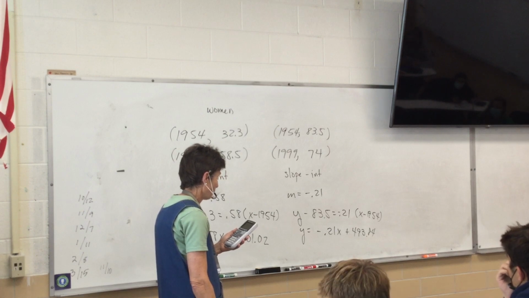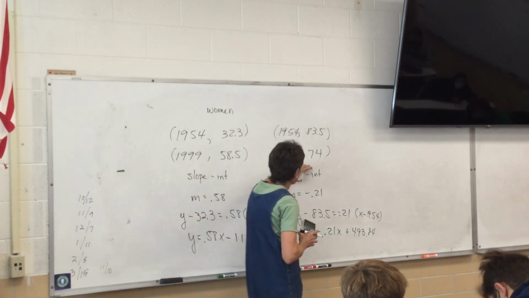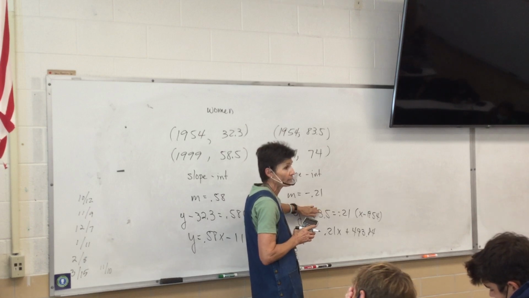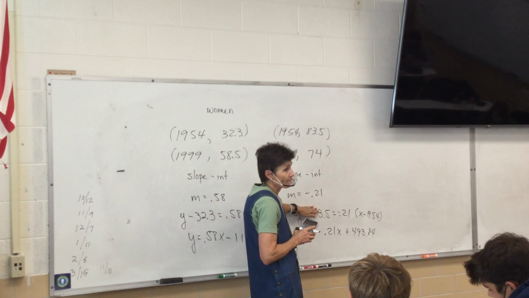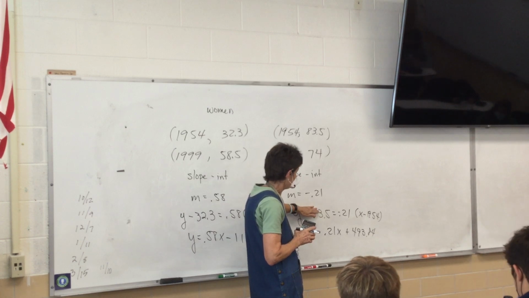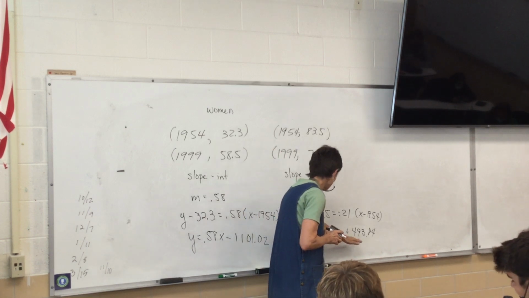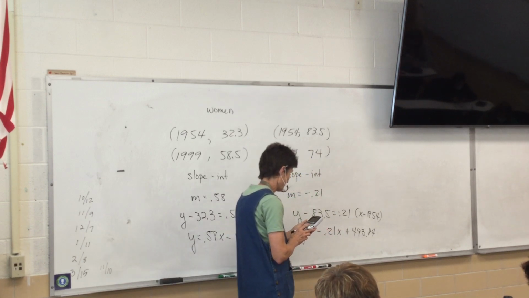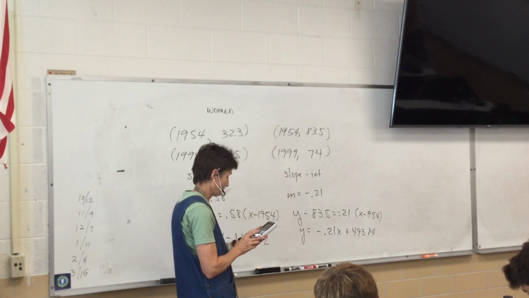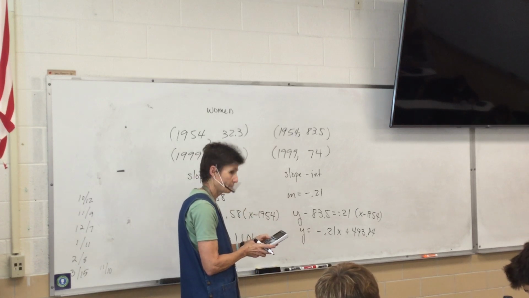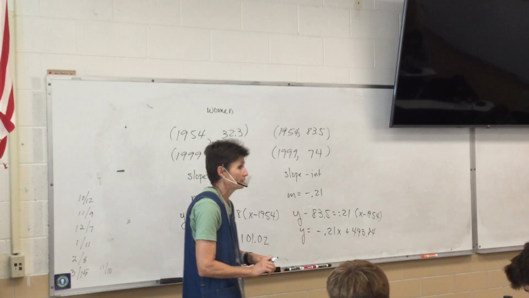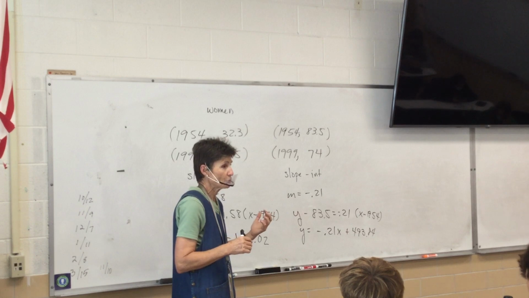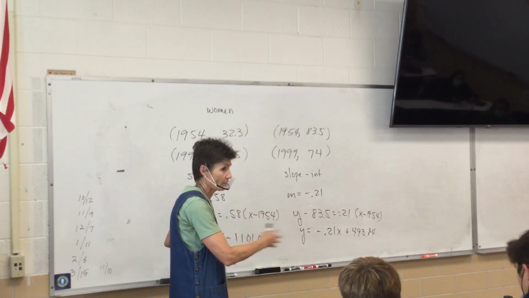Well, if I use the right points, it's negative 0.21. I had the wrong point up there before. So is this right or is this wrong too? Okay, guys, you only had to do one line. I just did two. Did somebody confirm these are right or they're not right?